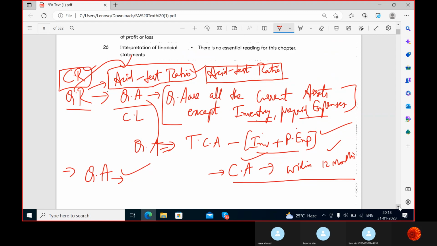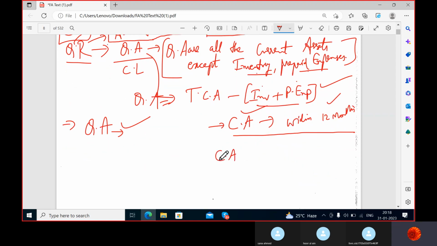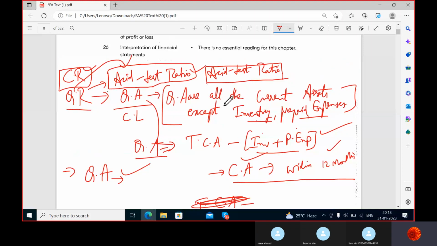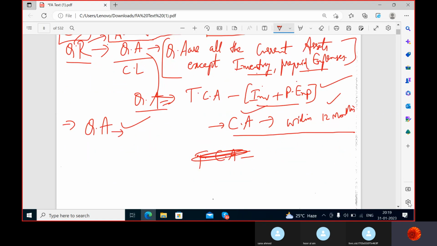From the total of current assets, if you exclude inventory and prepaid expenses, as the formula is written here, you get quick assets. Or you take all the current assets except inventory and prepaid expenses, and when you add them, the total you get is the total of quick assets.